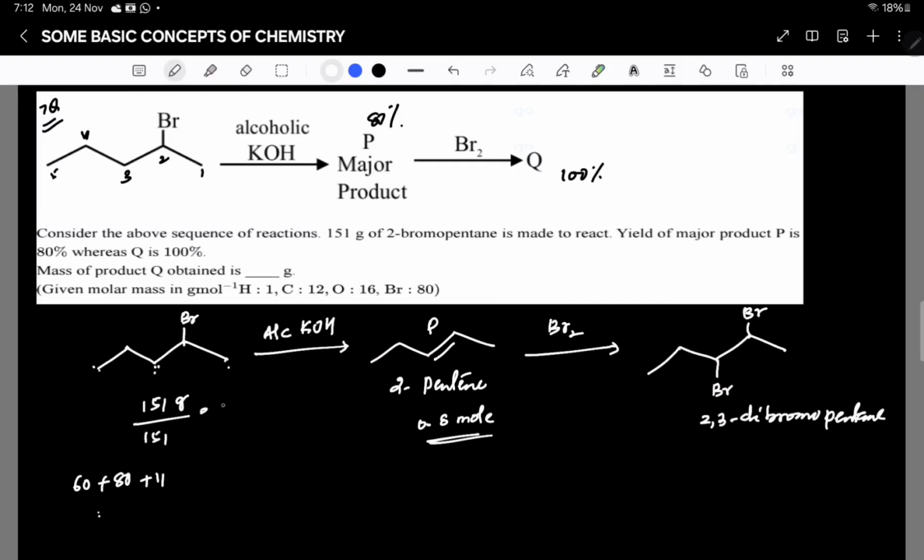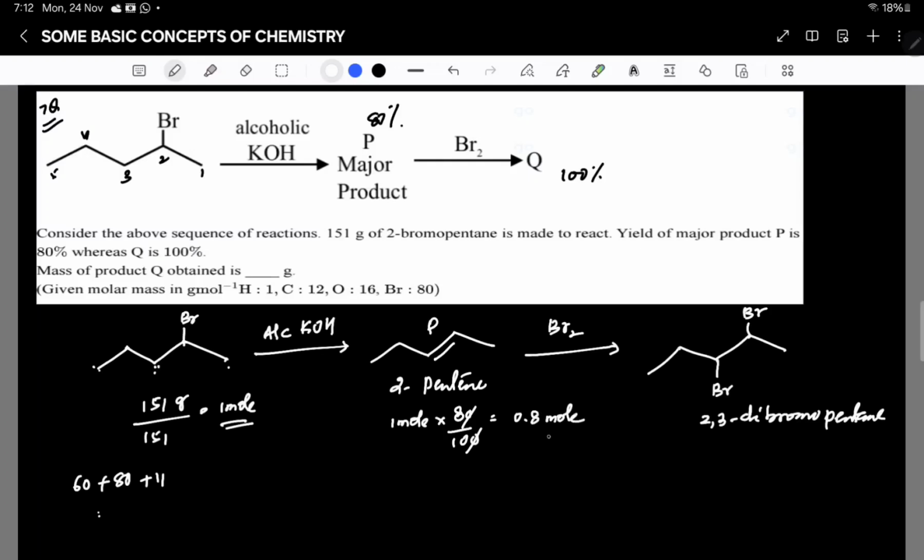So that is equal to 1 mole. So 1 mole will give 1 mole only, but it is 80% only, right? 80% means 1 mole into 80 by 100, student. 80 by 100 is equal to 8 by 10. It will be 0.8 mole, right?